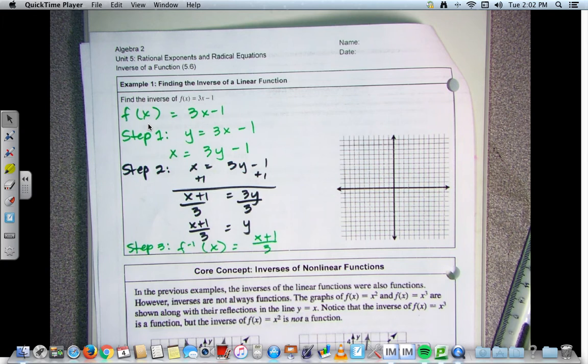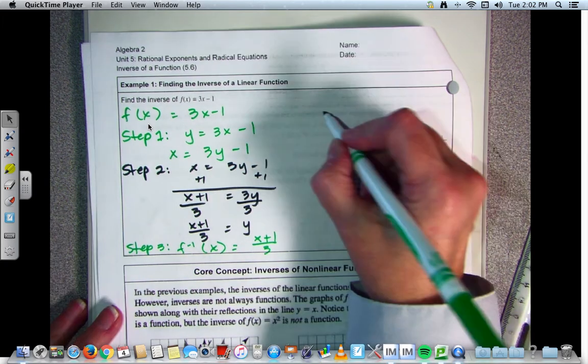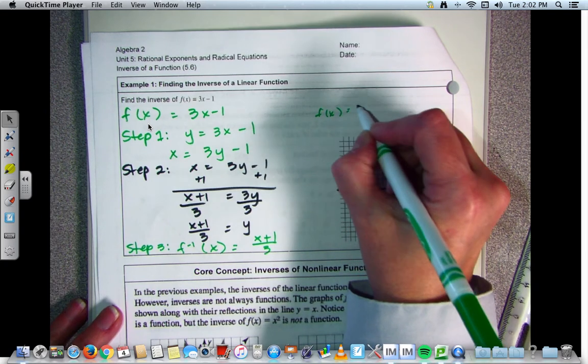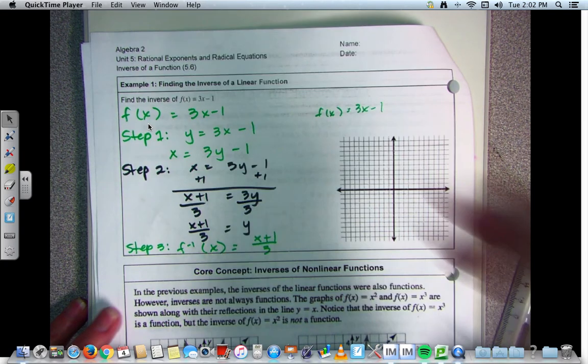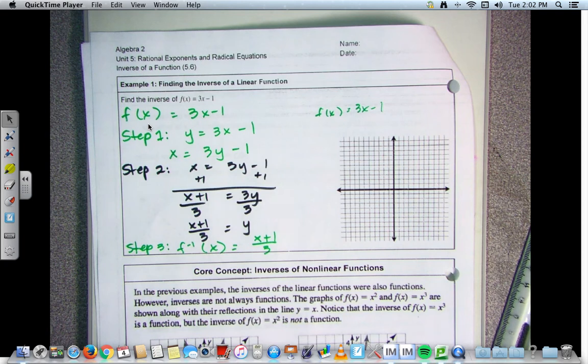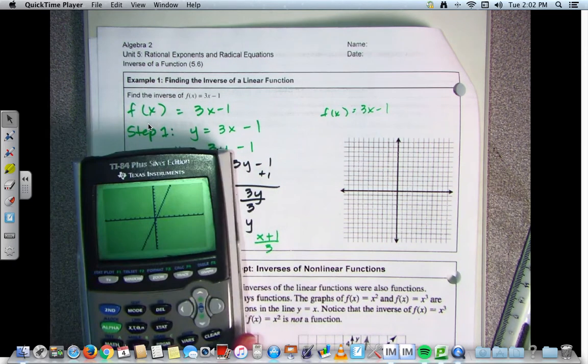So the next thing to do would be to graph it. We have f of x equals 3x minus 1. Put it in your calculator. So y equals 3x minus 1. Graph it. And it looks something like that.